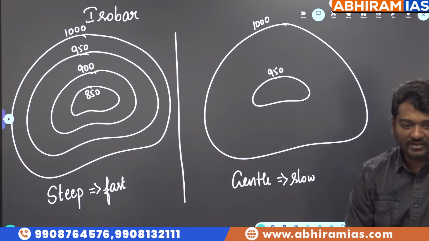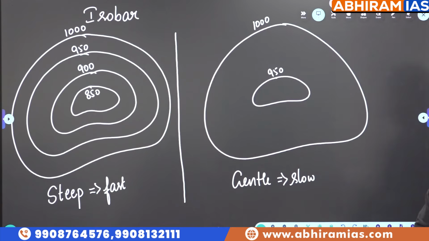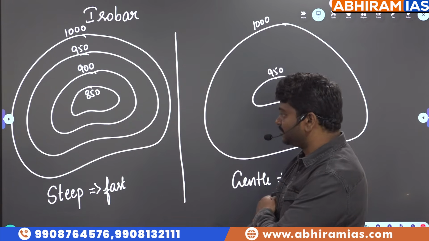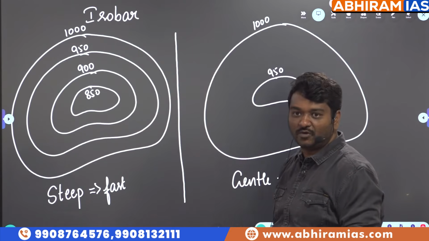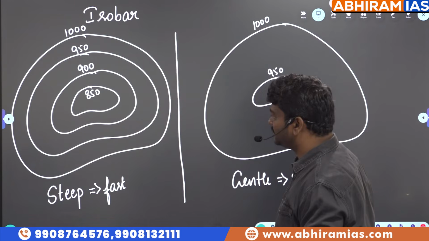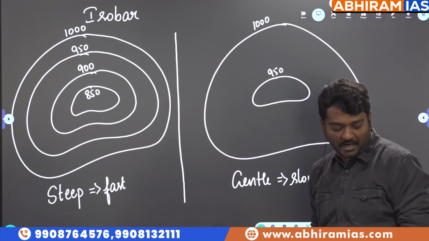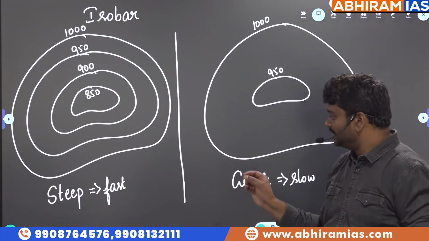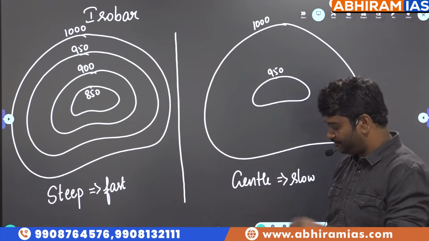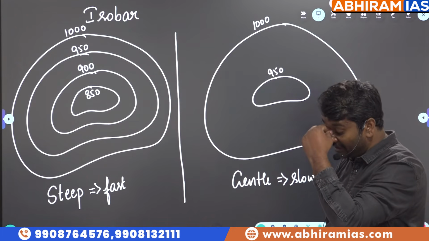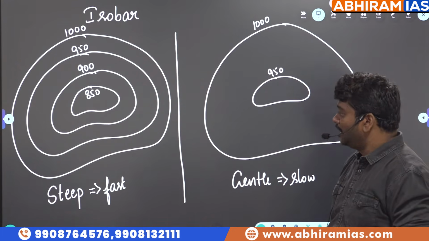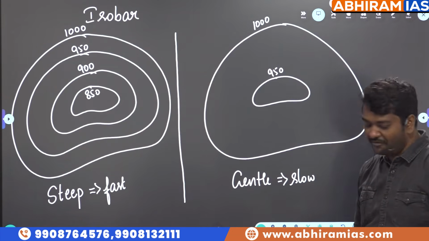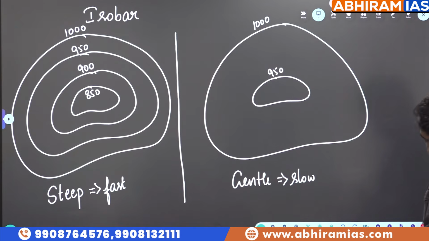Okay. So you write there: when isobars are closely spaced, it indicates a steep gradient and wind speed will be more.